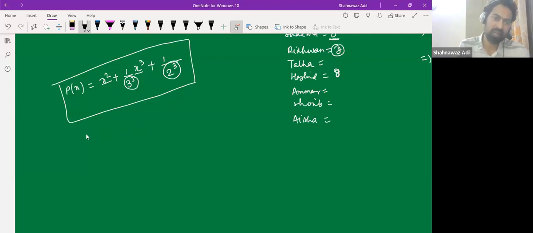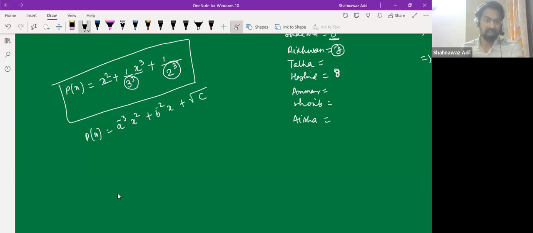If I write a polynomial like a minus cube x square plus b minus 2 x plus root c, this contains a fractional power on constants, where a, b and c are some constant numbers.